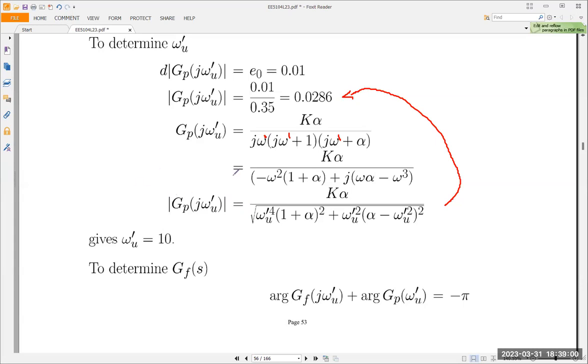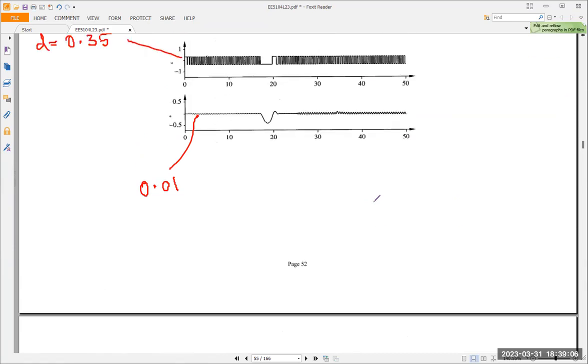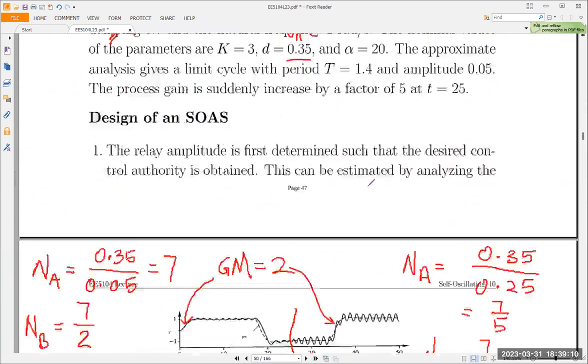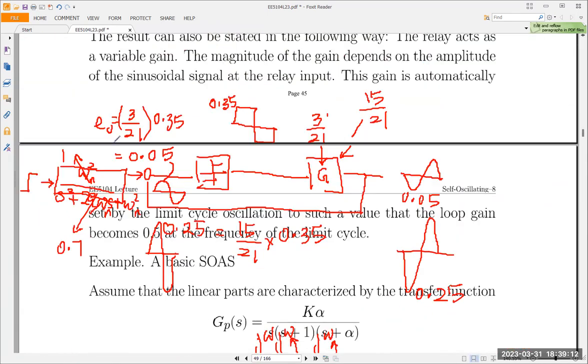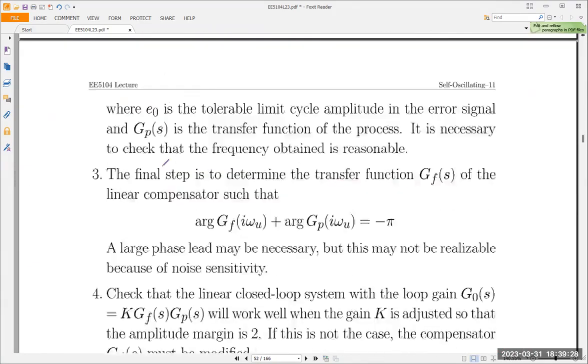Let me draw here. All right, stick in a lead compensator here. So means what? Let me draw a new picture.